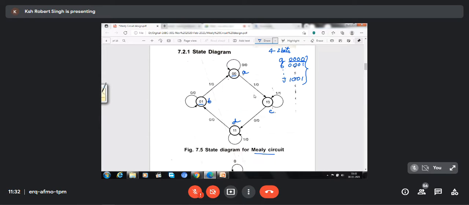This diagram is just like, say, for example, a model. A person has come to me with this diagram, and is telling me, please design a circuit.